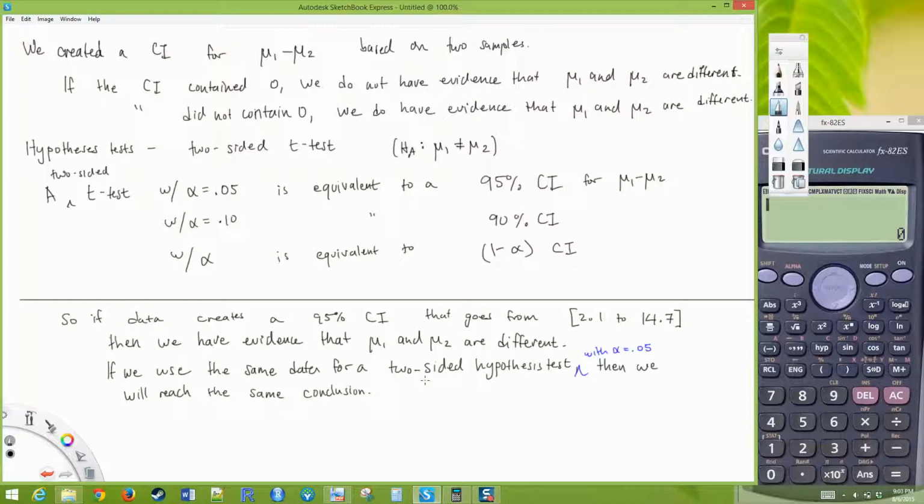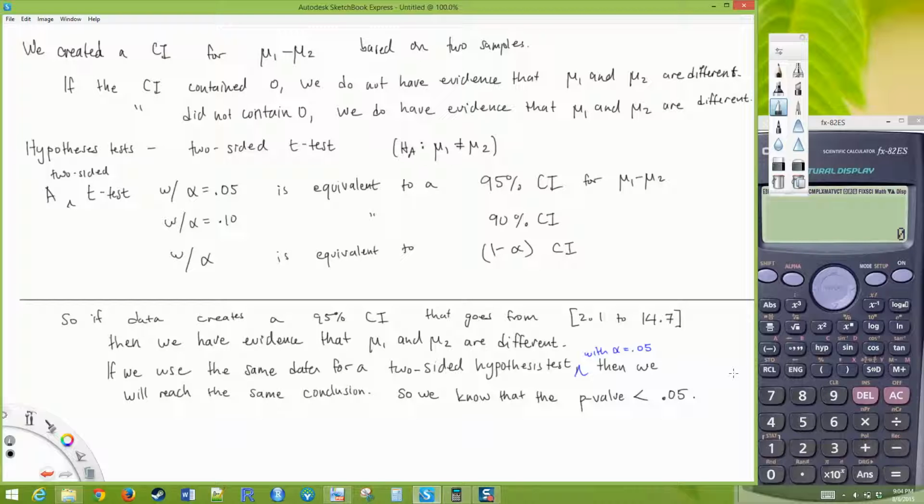It doesn't tell us anything about what the test statistic is, but we do know that our p-value will be what? Less than 5%. So we know that the p-value is less than alpha, or less than 5%.